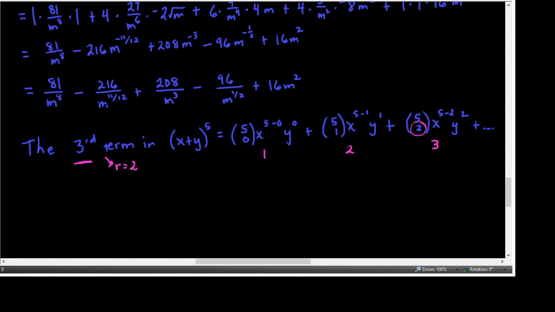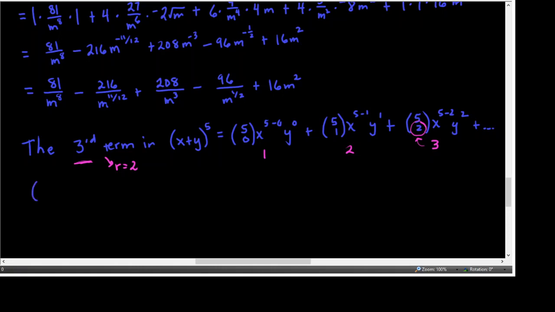Third term, r is 2. Look at the second term, r is 1, 1 smaller than that. First term, what's r? 0, 1 less than that. So whatever term I'm asking for, if I say a particular term number like the 9th term, r will be 8. So that's important to know, to make sure you get the right answer.